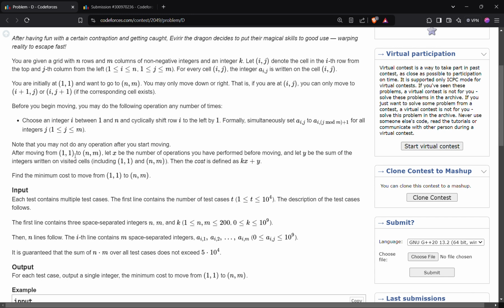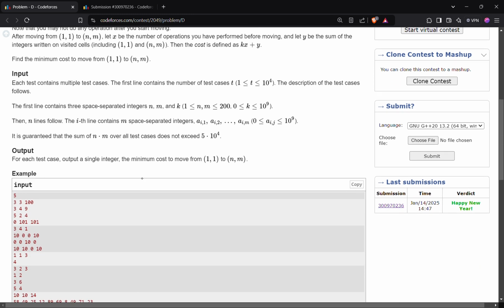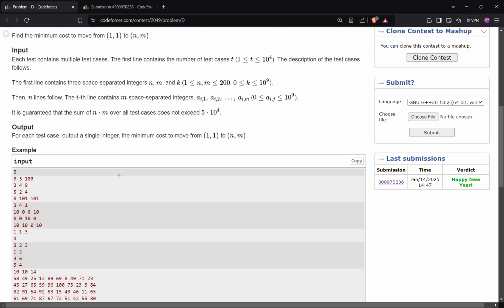After moving, let x be the number of operations you have performed before moving, and let y be the sum of the integers written on the visited cells, including (1, 1) and (n, m). Then the cost is defined by kx plus y, and we have to find the minimum cost to move from (1, 1) to (n, m).